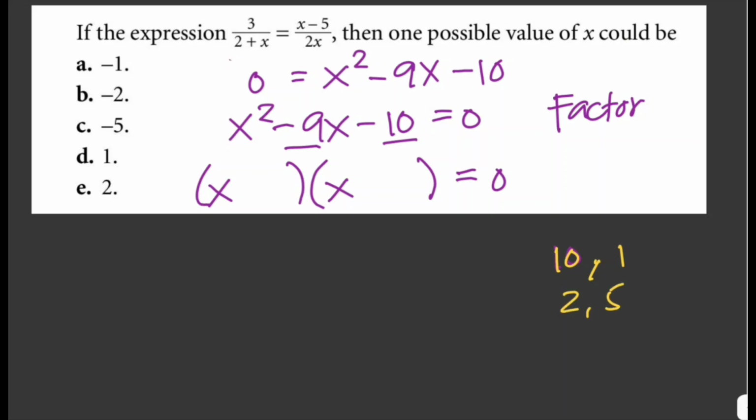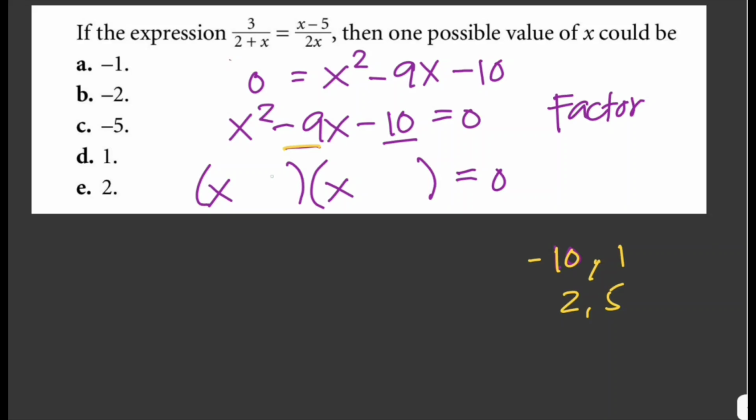So it could be negative 10 and 1 because the coefficient of the middle term is negative. That means one of the factors should be negative, and it should be the one with the highest number.